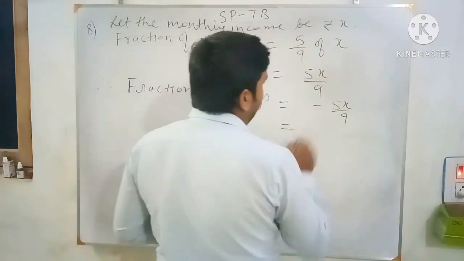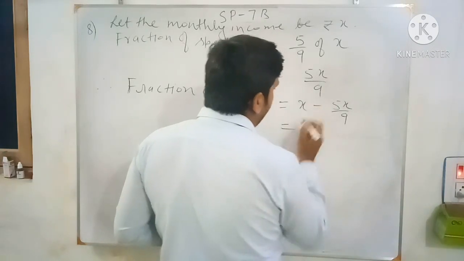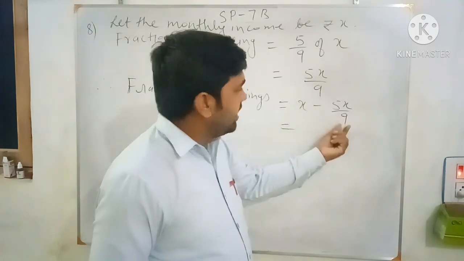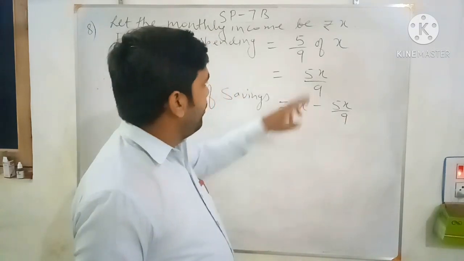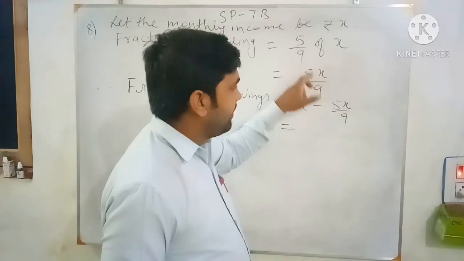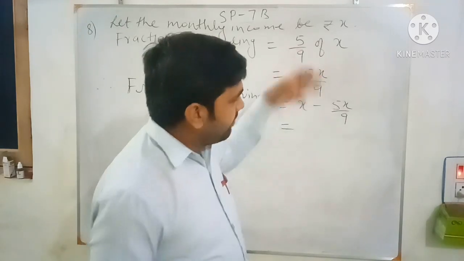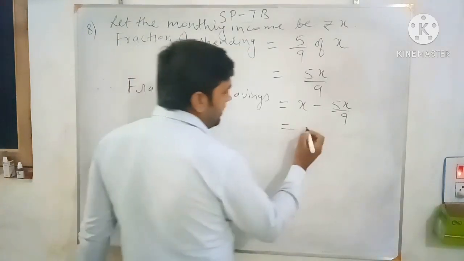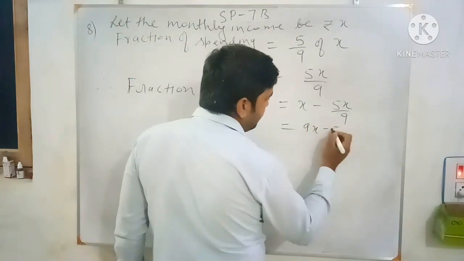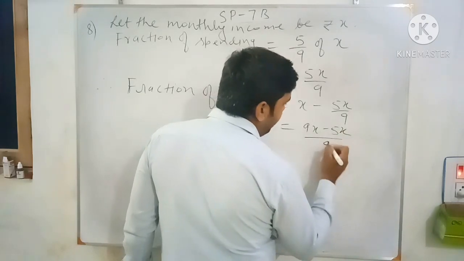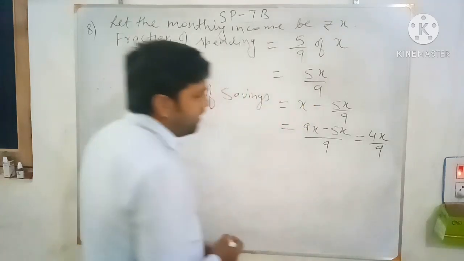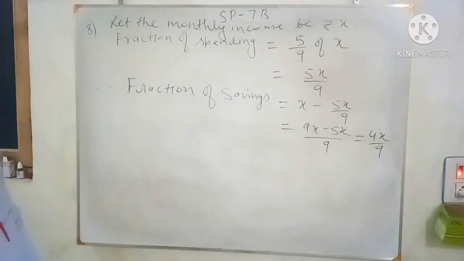From total income x, when we subtract the spending, we get the saving. So the saving is 9x minus 5x upon 9, that is 4x by 9. So 4x by 9 is the saving, and this saving is given in the question as 3600.